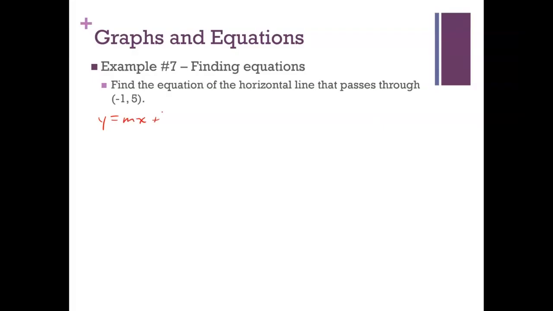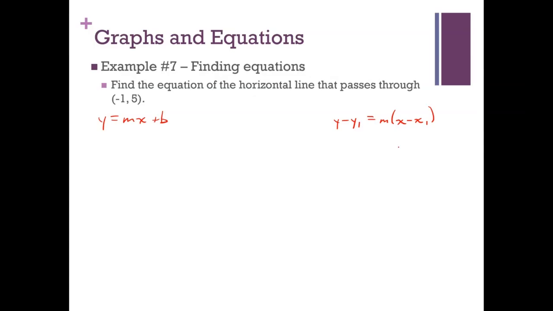Here's slope intercept. Here's point slope. It might be best to choose which one we use. Maybe we should figure out what information we have. So what information have I given you about this line so far?